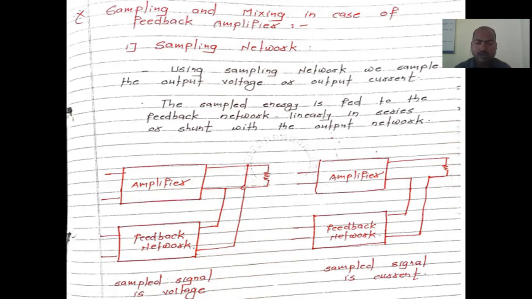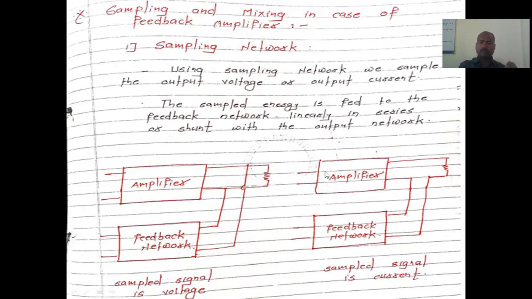So in a sampled voltage network, we apply the input as a voltage, we get an output voltage, and that output voltage is applied to the input again as a voltage. So we have sampled the output voltage back to the input. That's why this is called voltage sampling, right?